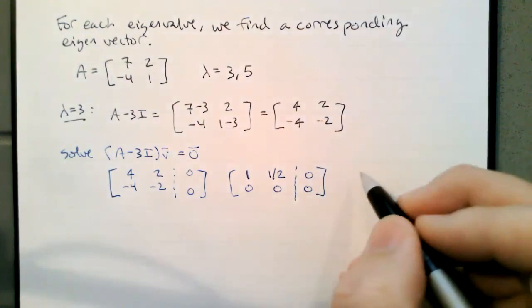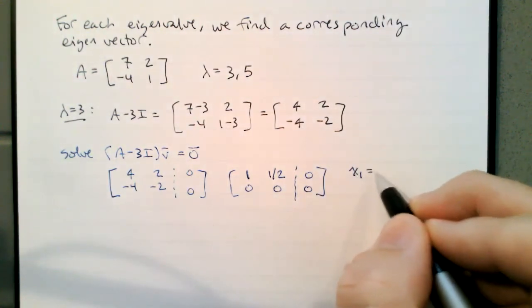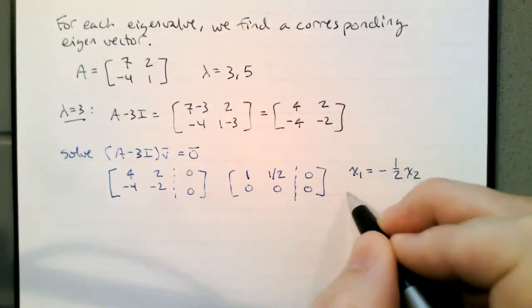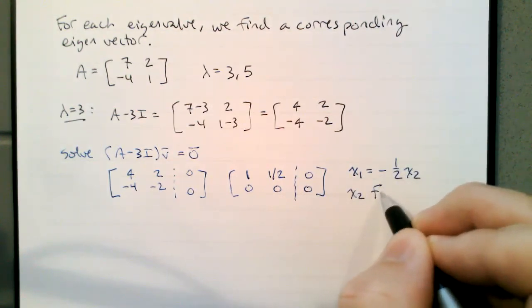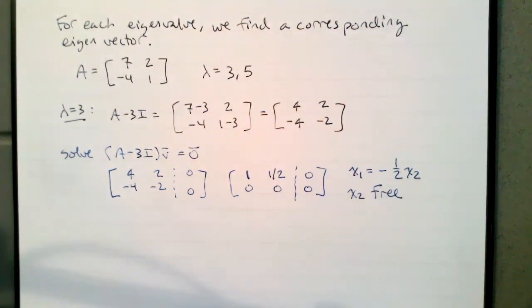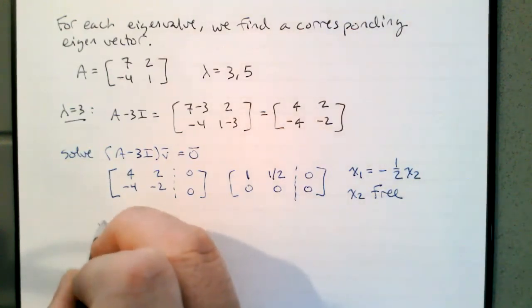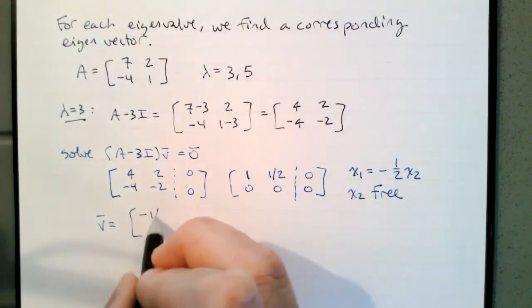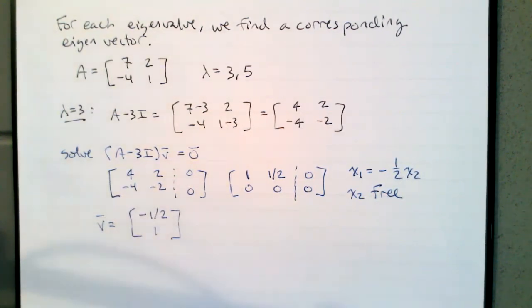So my solution set looks like x1 is equal to x2, and x2 is my free variable. So one such vector v, if x1 is 1 and x2 is 1, is one of the eigenvectors corresponding to eigenvalue 3.